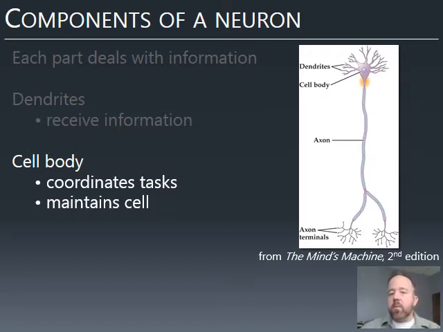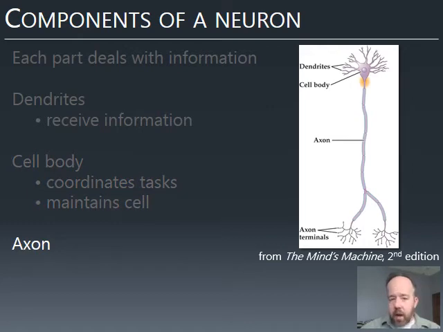A lot of the cellular machinery that's found in most cells is just involved in keeping the cell alive. A neuron is specialized, but it is still a cell. So it's alive. It has parts that need to be maintained. It needs to make proteins. It needs to take in energy and use that energy. It has a lot of those moving parts that all cells have, and we're not going to go into details there, because what we really care about with neurons is their ability to process information.